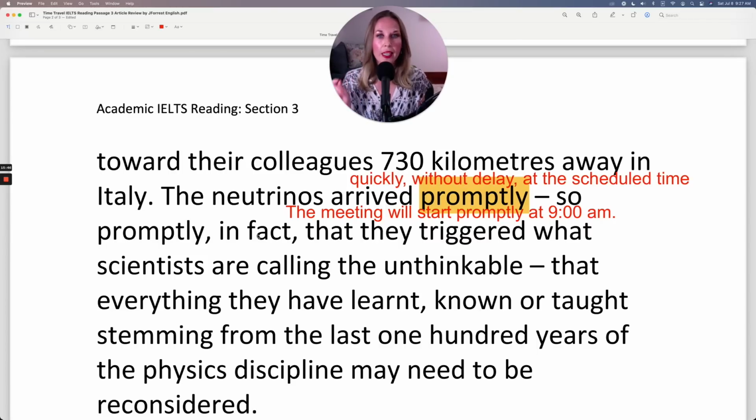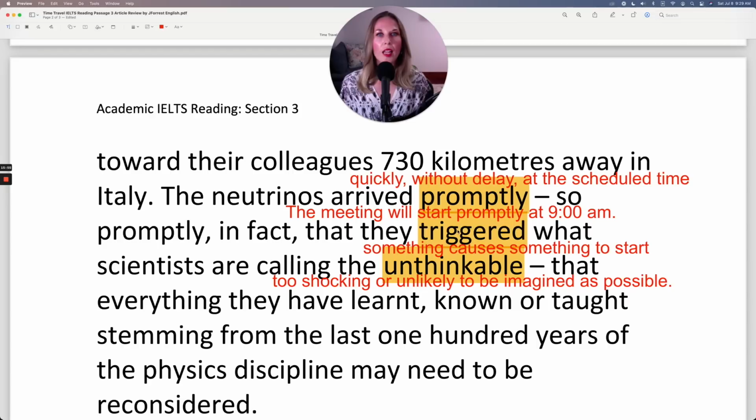So promptly, in fact, that they triggered what scientists are calling the unthinkable. Let's look at triggered and unthinkable. So first, triggered. When something triggers something, it simply means it causes it to start. So the fact that the neutrinos traveled so promptly caused something else to start.